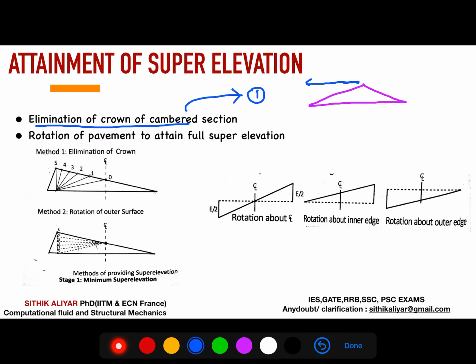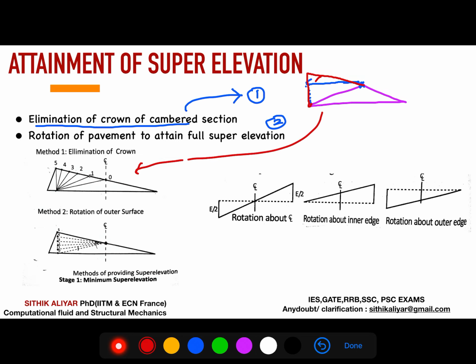One is shifting the crown point of the camber towards the outer edge. Second, in the same camber you can fill the material and make the camber go away. That is the figure I have shown here. So the elimination of the crown can be done in two ways, as I discussed: you can shift the crown point, or you can raise the outer edge to match with the camber point.